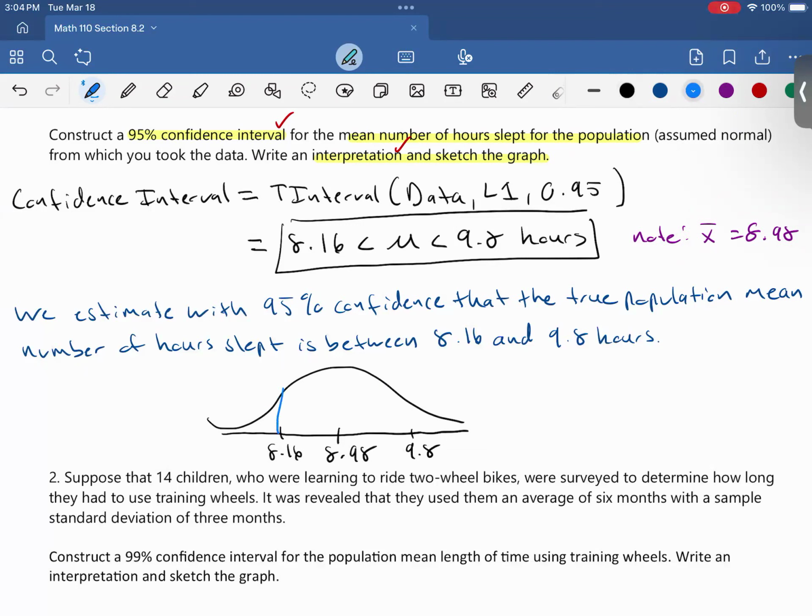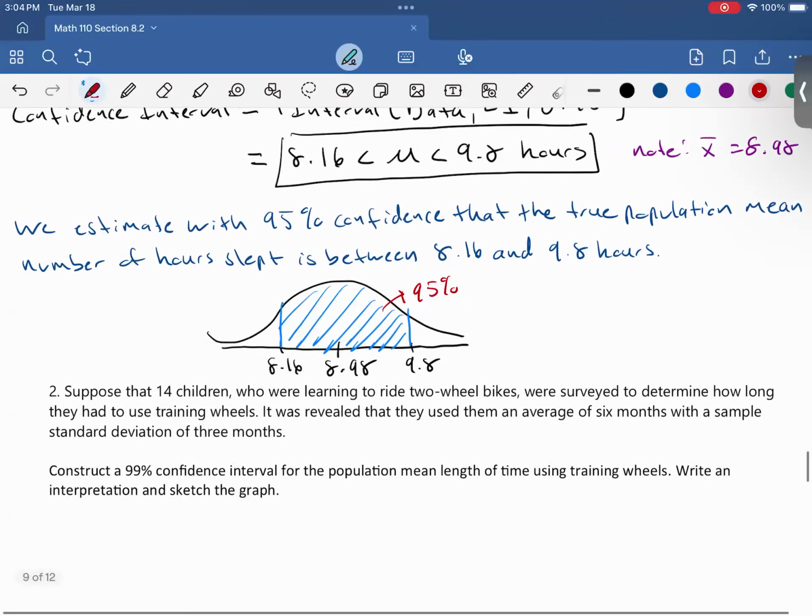We're just going to shade in between these values, and just give me something that shows we have a 95% shaded region there. Okay, and that takes care of sketching the graph.